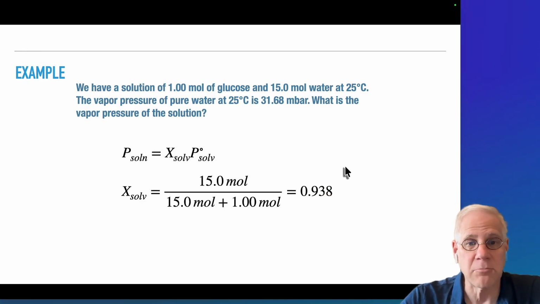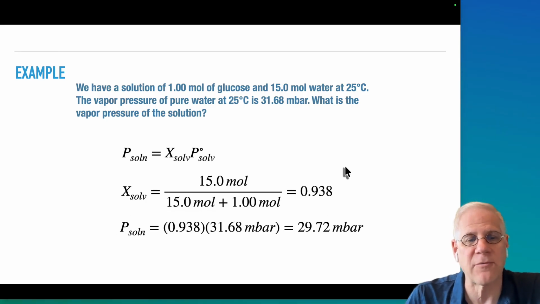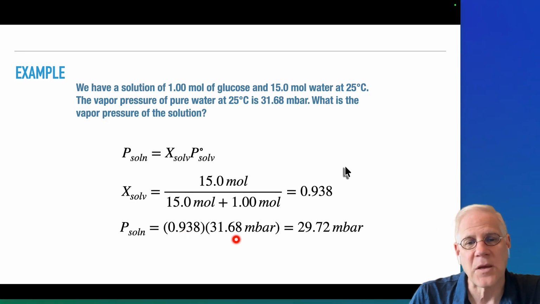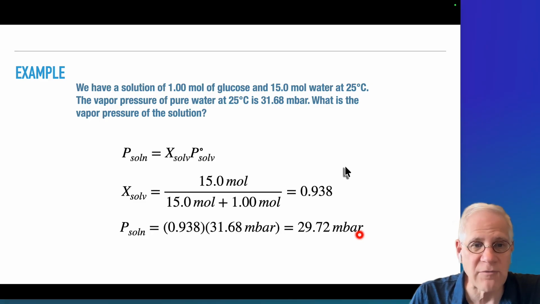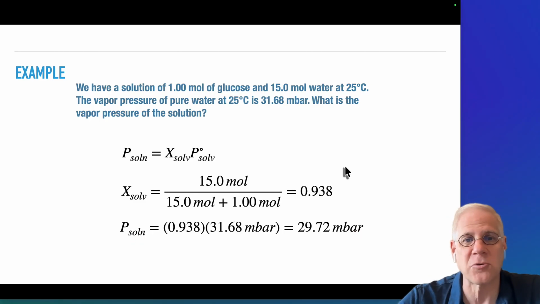So that's the water's mole fraction, 0.938. We can then just plug in our 0.938 for our mole fraction of solvent. So we have 0.938 times 31.68 millibar, and we get 29.72 millibar. Very straightforward calculations. So that becomes our new vapor pressure for our solution.